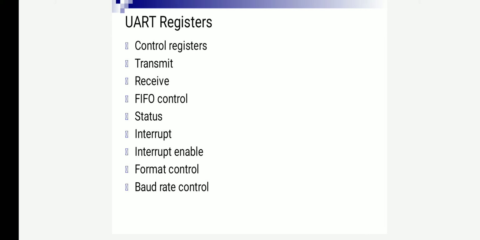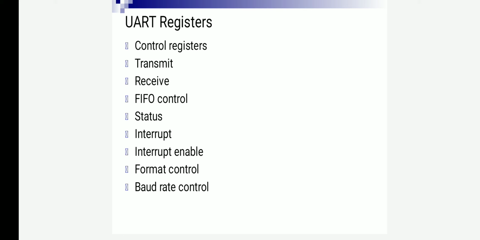For example, control registers are used to store the information for controlling purposes. Transmit registers store the information of the transmitter temporarily. The receive register holds the received data, and then this received data can be processed after some time, so there must be a register to save this received data.